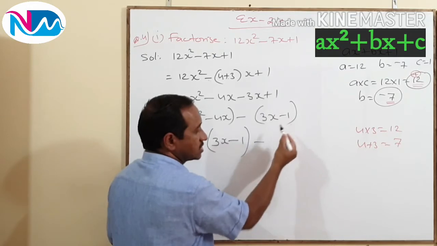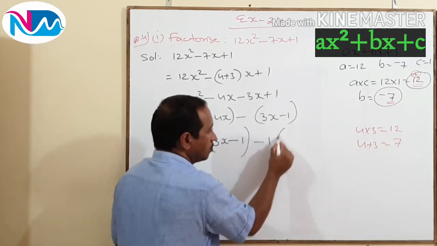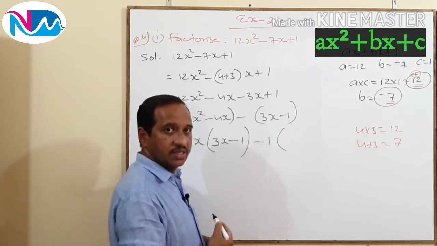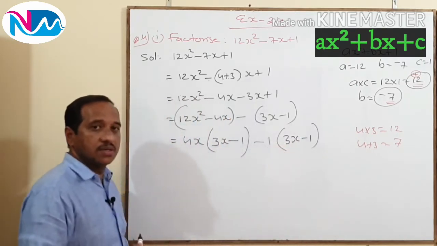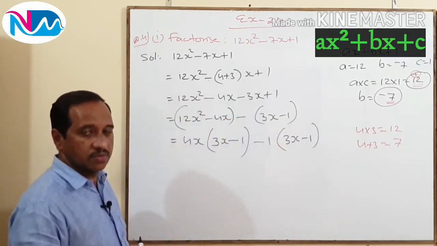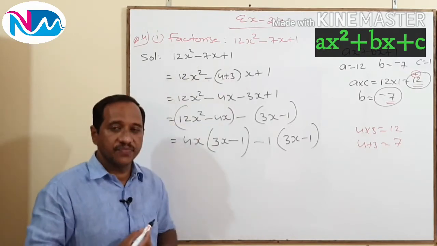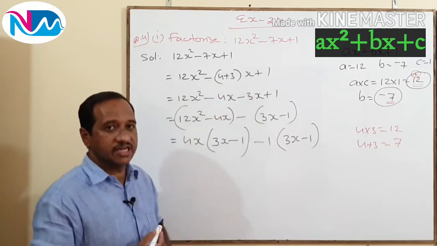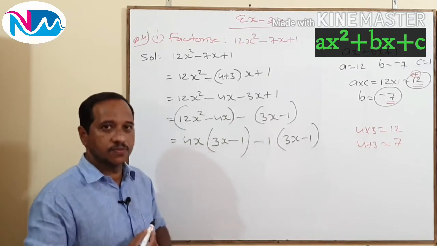From the last two terms, that is the second group, we can have only one common, no other variable or constant is common. So inside the bracket we will have 3x minus 1. So you can see here a 3-term expression is split into a 4-term expression, and now there are two groups.